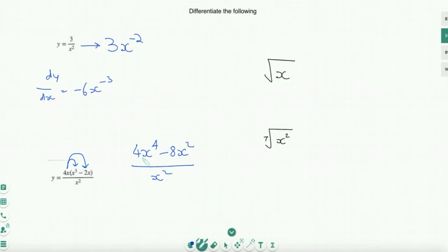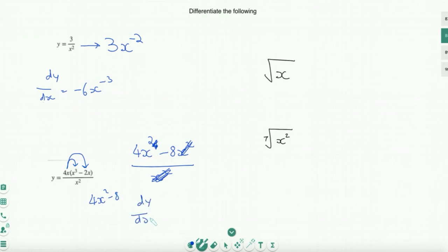Then, oh, look, there's 3 terms. Each term has at least 2 x's. So we can cancel out 2 x's from each term. So if this has 4 x's, we'll cancel out 2 x's, which leaves us with 2 x's only. We'll cancel out 2 x's here and 2 x's here. So we're left with 4x squared minus 8. And now we can differentiate it.